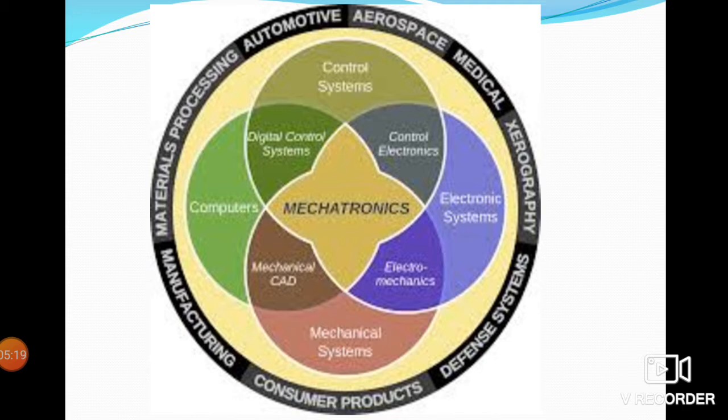It may be in the mechanical field, electrical field, electronics, or computer science. All these interdisciplinary branches of engineering have been used in combination so as to build the mechatronics components. That is why we can define it like this.